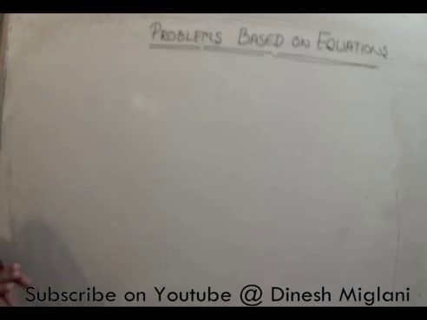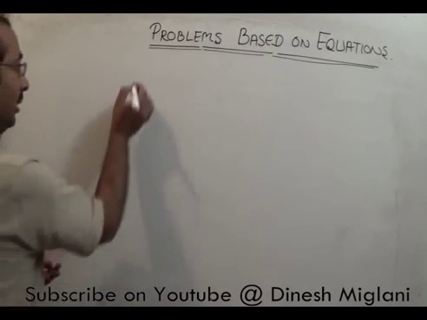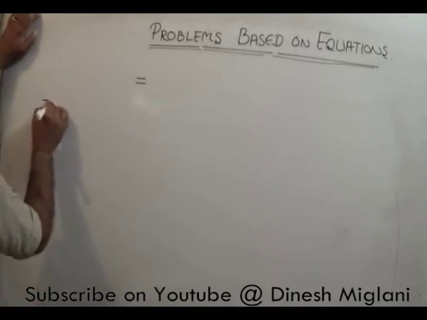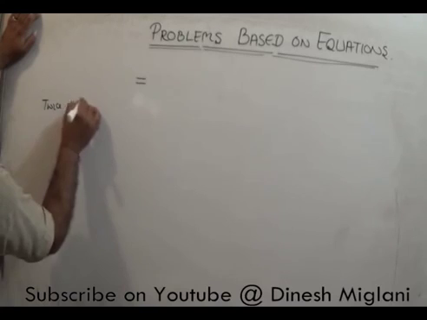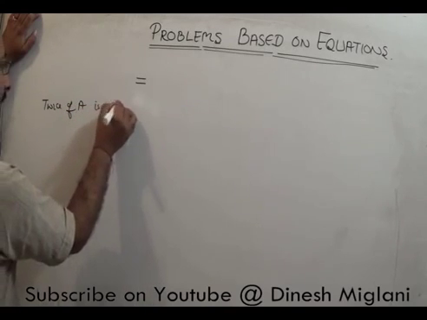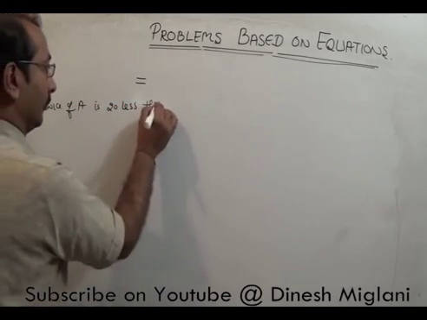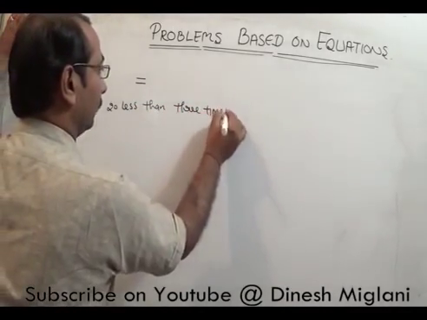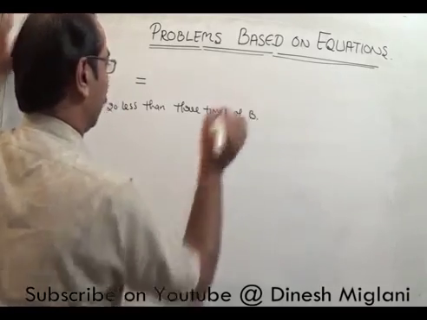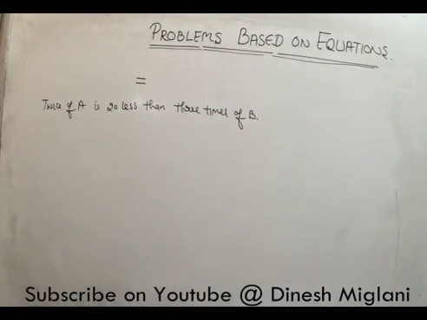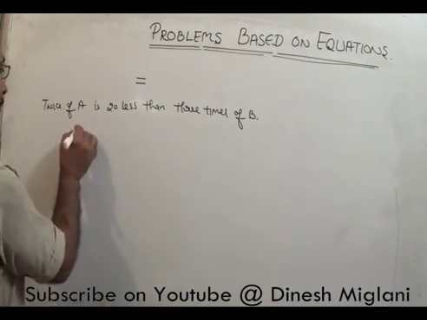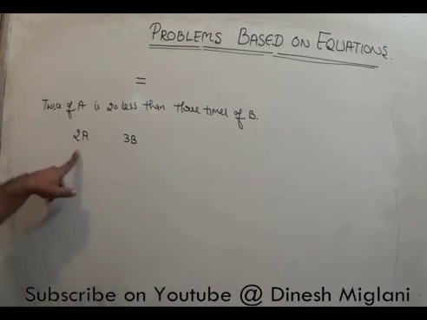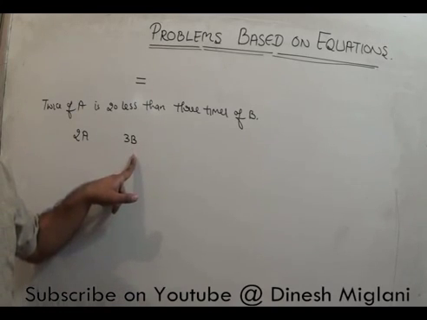Now when we try to form an equation, we know that an equation means there must be an equal to sign. For example, if I say twice of A is 20 less than 3 times of B, that is 2A and 3B.